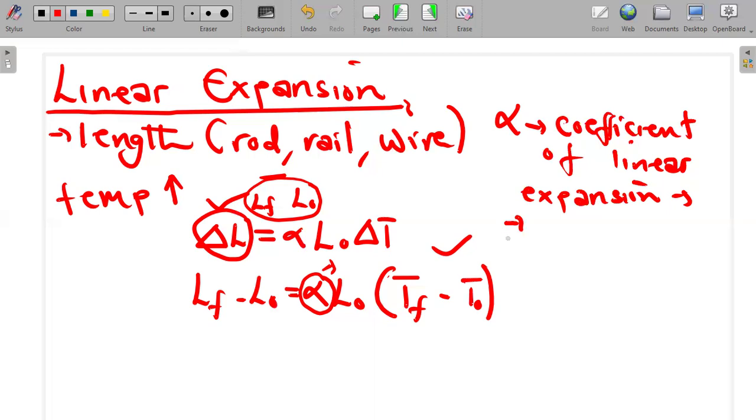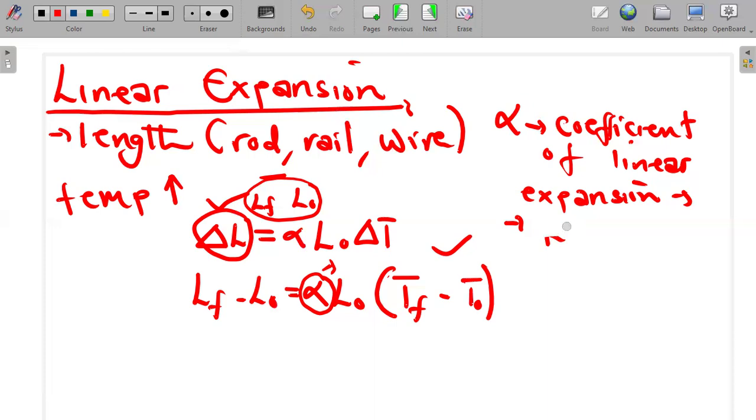Basically we can define it as a coefficient that gives us the measure of how much a material has expanded per unit length per degree temperature rise. Hence, its unit of measurement is just per Kelvin, which is K to the power minus 1.